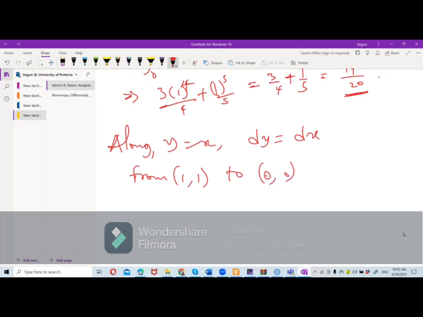So we are just talking with respect to what we have, which is going to imply the integral of 0 to 1.